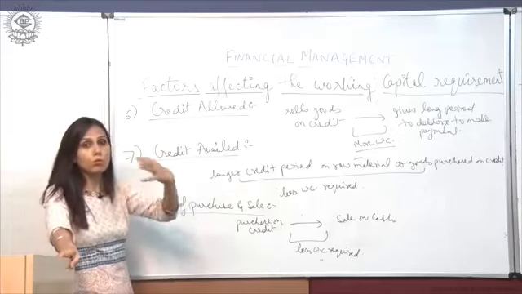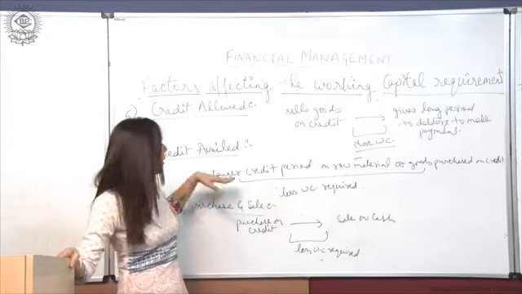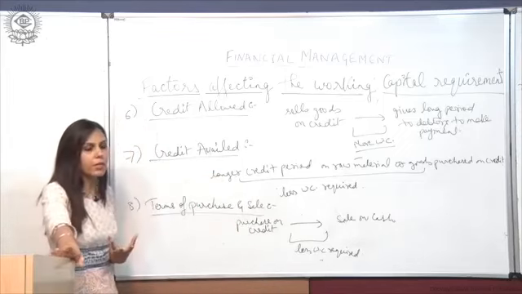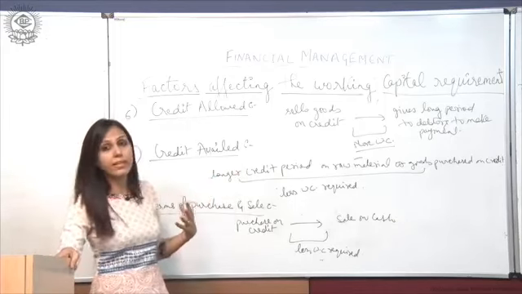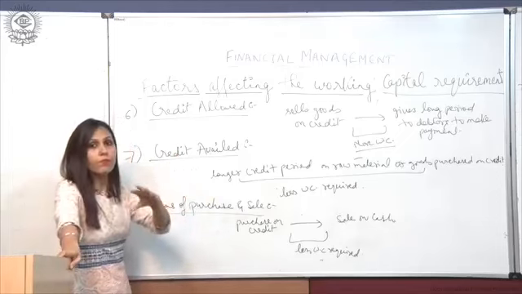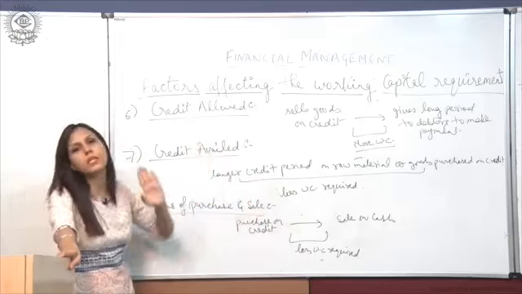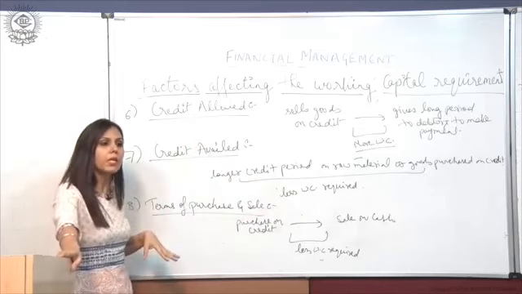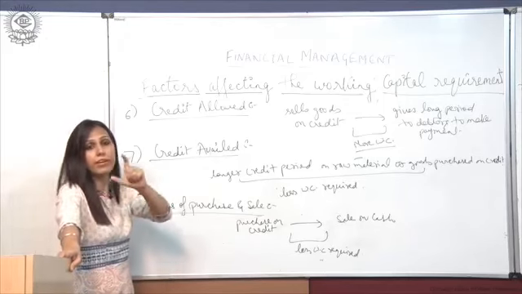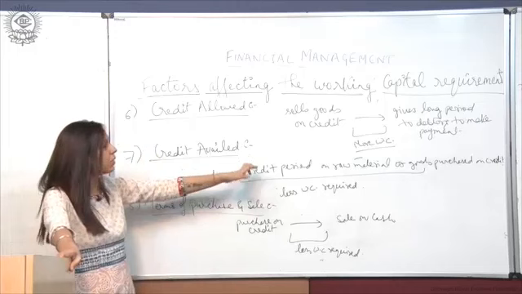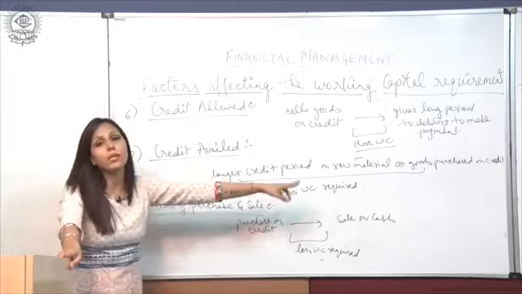They also get a credit facility, they avail credit. So if any company is getting raw material or goods on credit for a longer period of time, such companies will be requiring less working capital, whereas the companies which are availing credit and that credit availing period is very very short, such companies will be requiring high working capital.